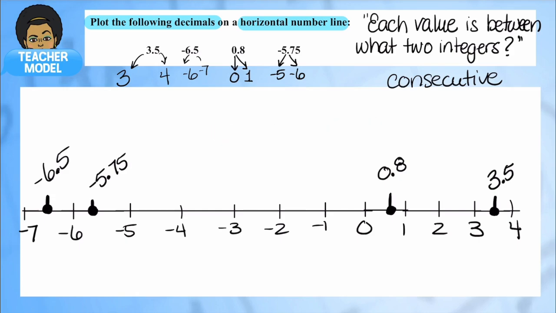And that's where a lot of kids get mixed up, and they'll go, well, it's more than -5, and they put it in here. But think about it. I'll go to -5, and if I'm counting to -5, and then I have to do and another 75/100, so I have to move further to the left. So let's hit pause. Please remember these questions. What is it between, what two consecutive numbers? And jot this down in your notes.